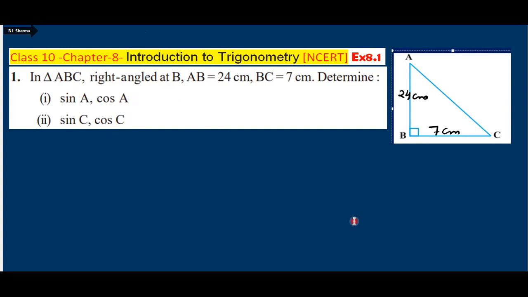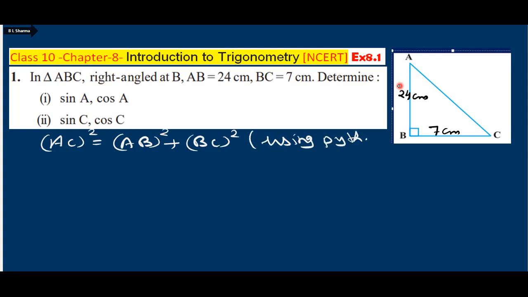So in right angle triangle ABC, AC square is equal to AB square plus BC square using Pythagoras theorem. एक राइट एंगल ट्राइंगल में अगर टू साइड्स दे रखा होता है तो थर्ड साइड को हम पाइथागोरस थ्योरम की हेल्प से फाइंड आउट कर सकते हैं.